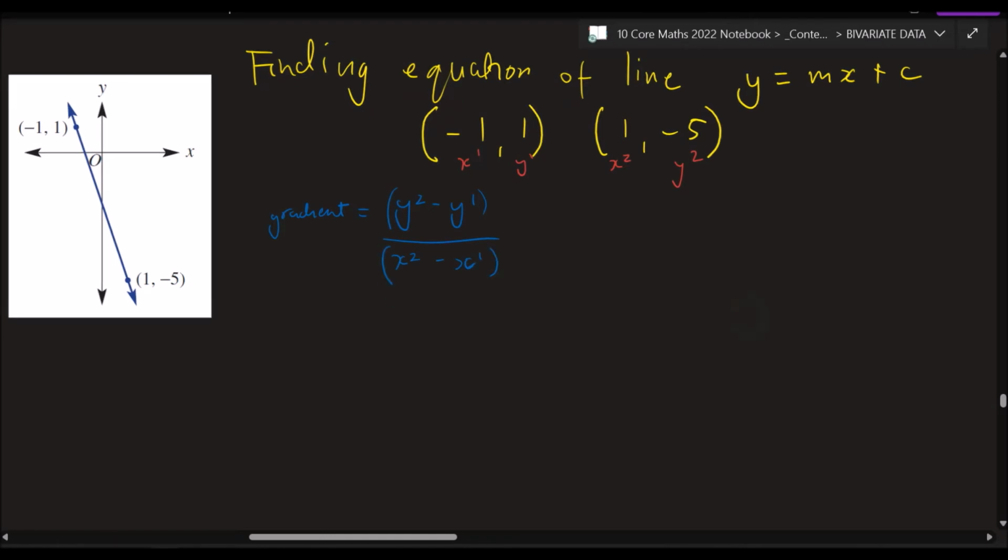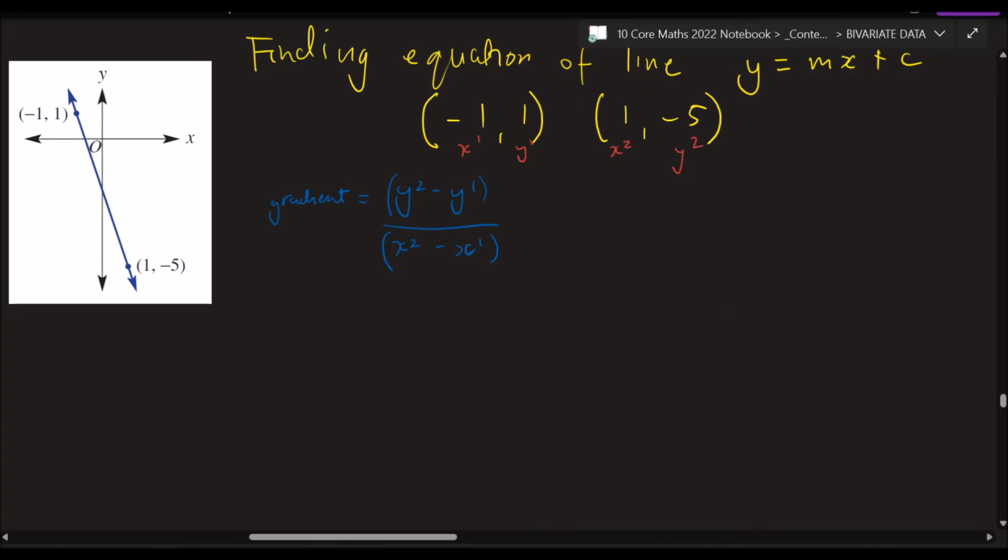So therefore, put the numbers in your formula. y2 is -5, y1 is 1, so -5 minus 1. x2 is 1, x1 is -1. So be mindful it's minus -1 when you put it in your calc.